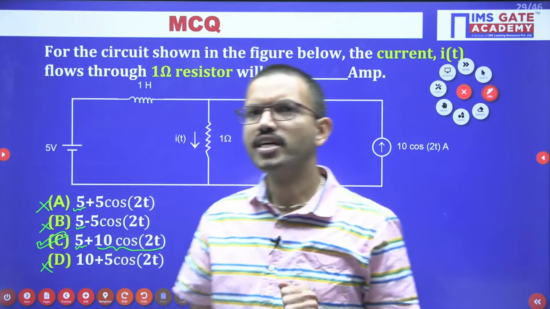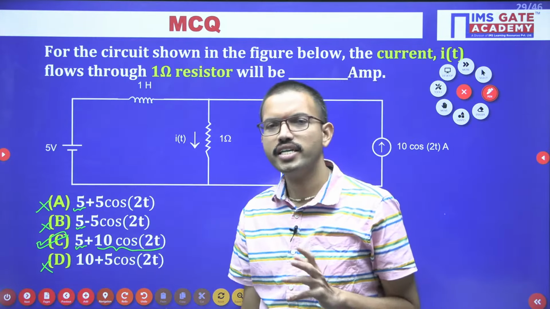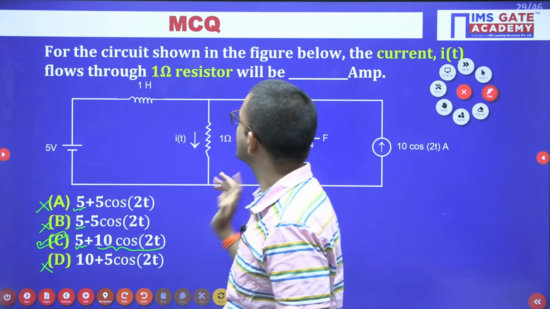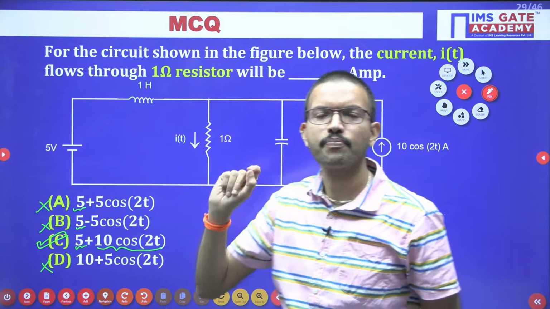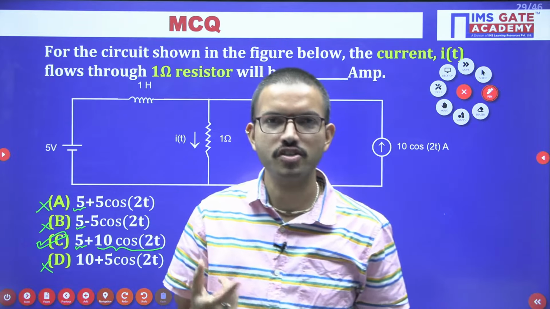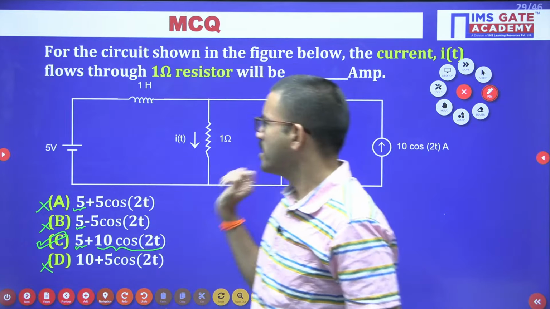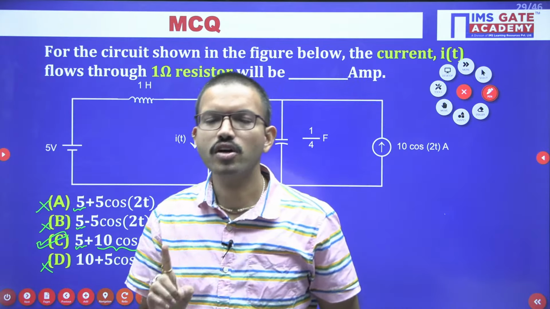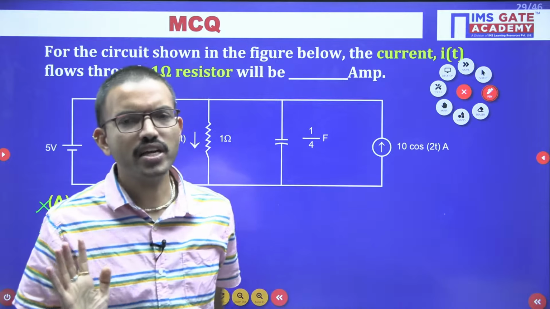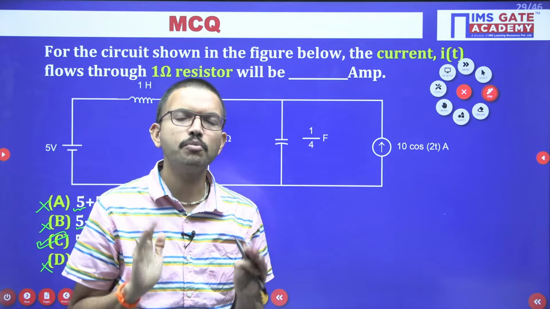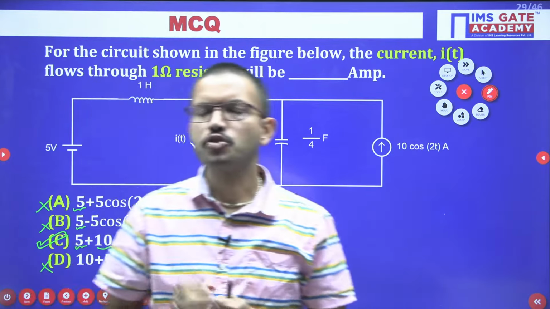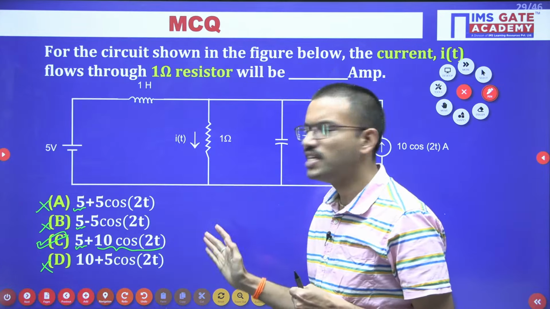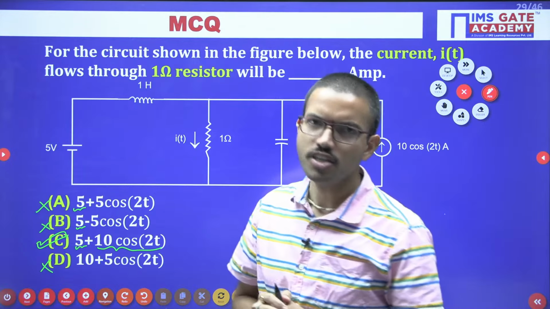Some of you are asking, sir, can you share any tricks for network theory questions? See, whenever an MCQ question is there, as the name implies, the choices are already there. Multiple choice question. For solving most MCQ questions, there is not only one method; you are having more than one possible method. By following whichever method you can solve the question easily in less time, obviously that method is a shortcut.